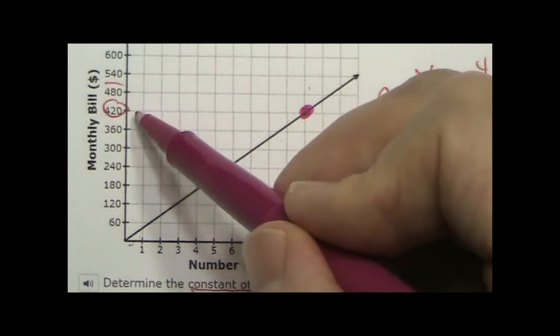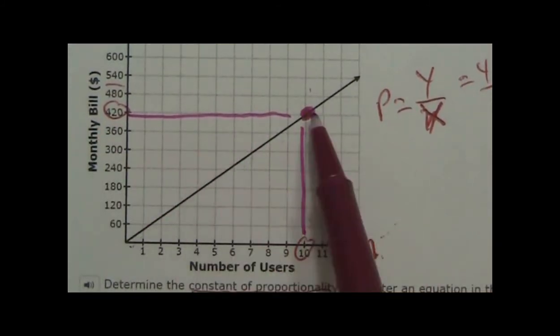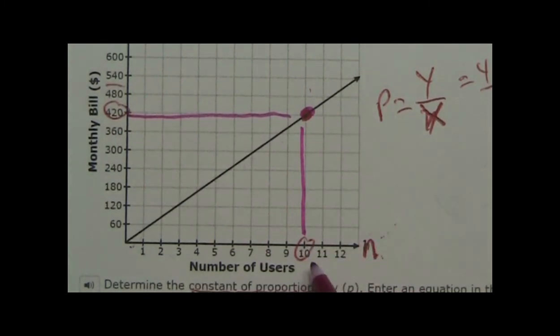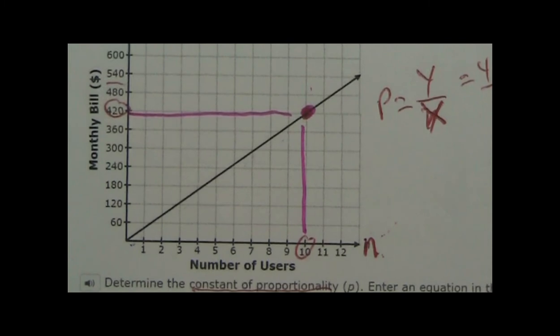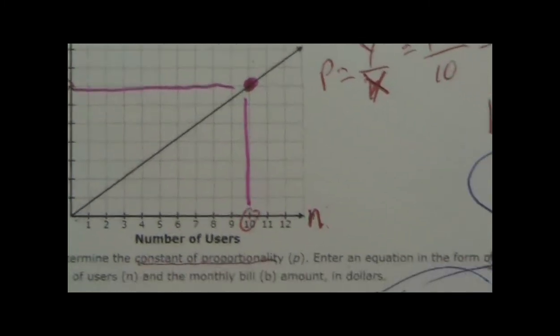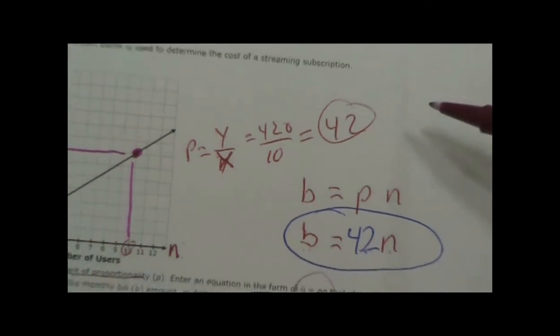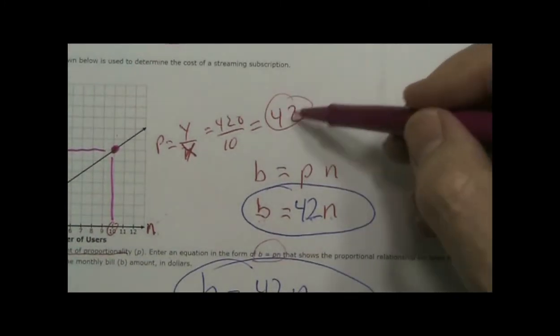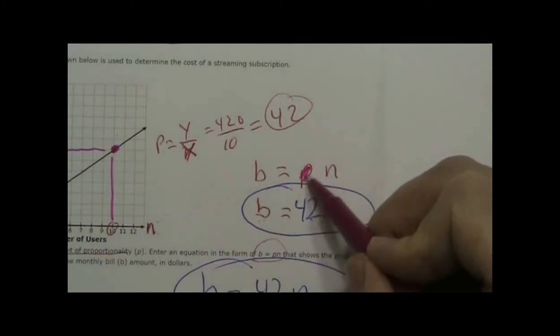And so if you take those two numbers, and I think we did this one before, 420 over 10, that's 420 divided by 10, that's 42. But they want you to write that using the letters B and N. I know, it's crazy, but that's what they want you to do.